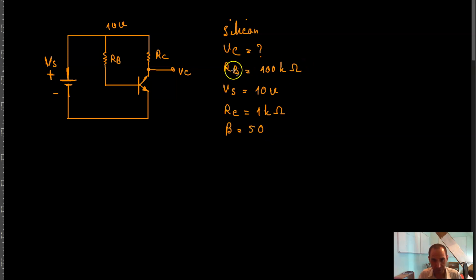So your base resistor is 100 kilo ohm, your collector resistor is 1 kilo ohm, your beta is equal to 50. It's an NPN silicon transistor, your supply voltage is 10 volts, and you want to calculate this voltage over here.